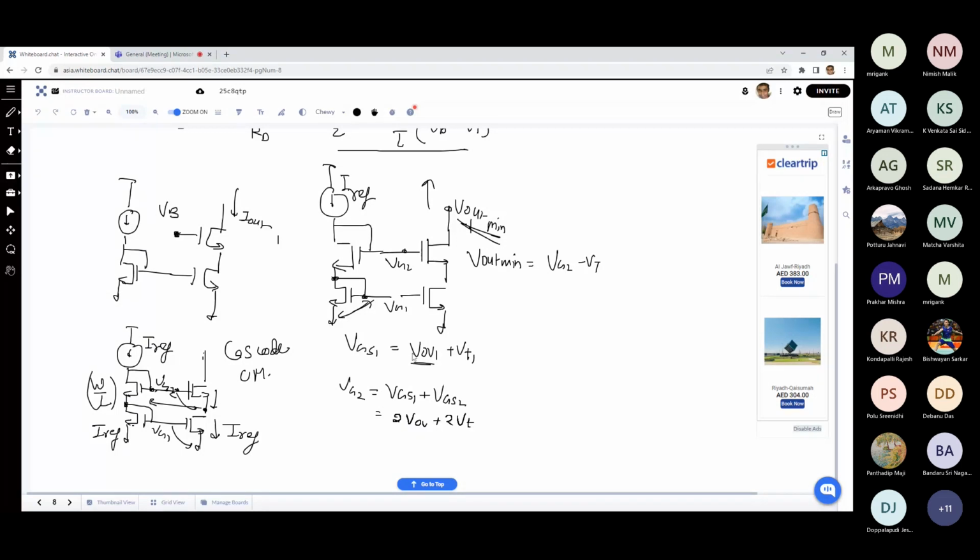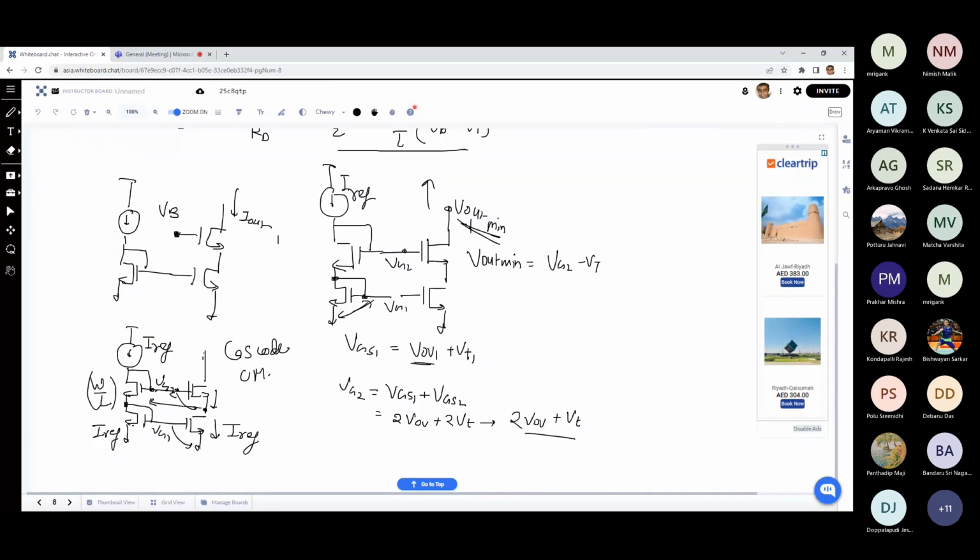This is clear. And therefore, Vout min, according to this equation, will be VG2 minus VT. So we will get 2V overdrive plus VT.